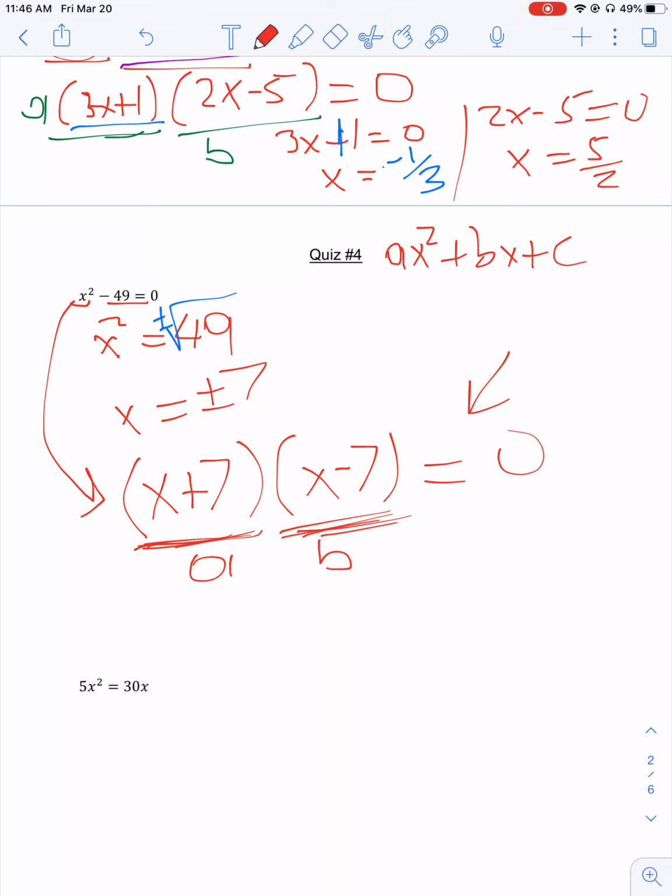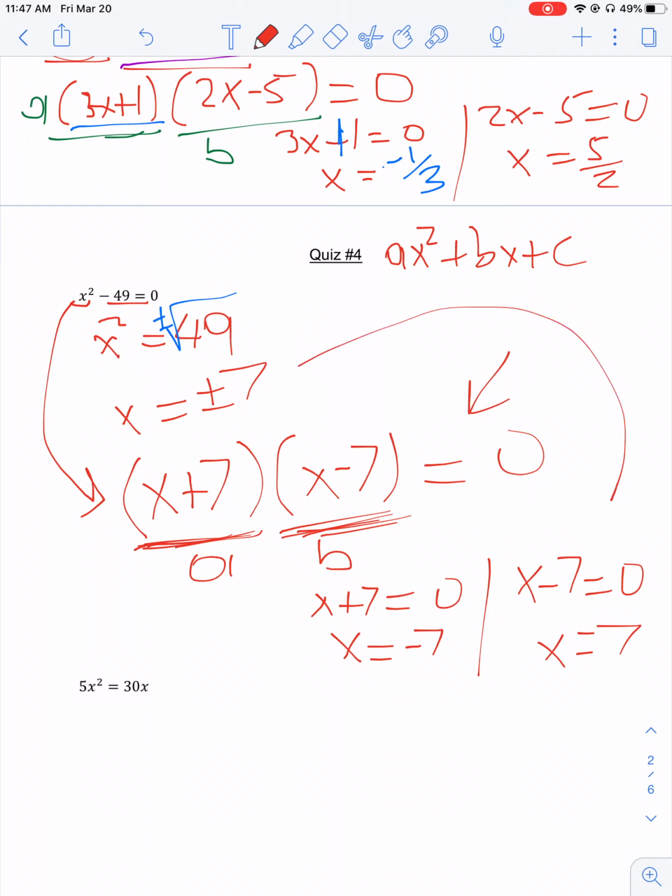So that means either x plus 7 equals 0, which means if I solve for x, then x equals minus 7, or x minus 7 equals 0. So if I solve for x, I get x equals 7. So there's two answers. Either x has to be minus 7 or x has to be 7, which is essentially what I have over here.